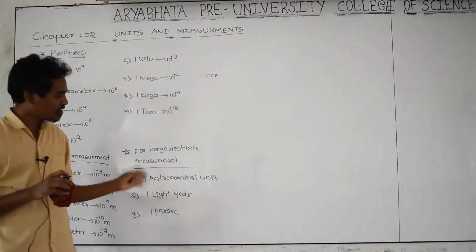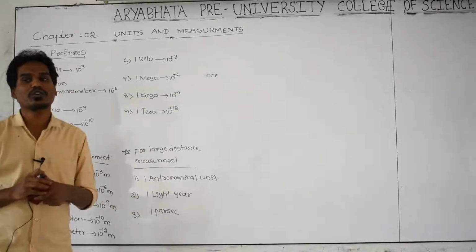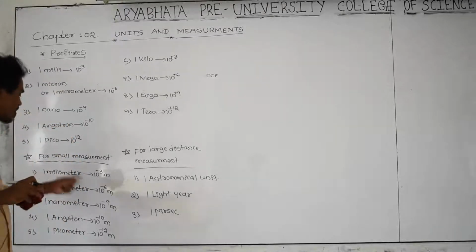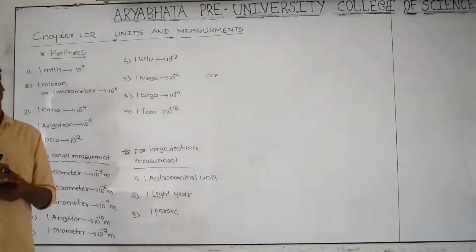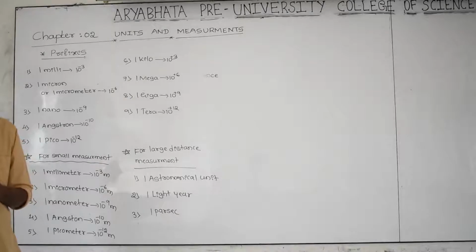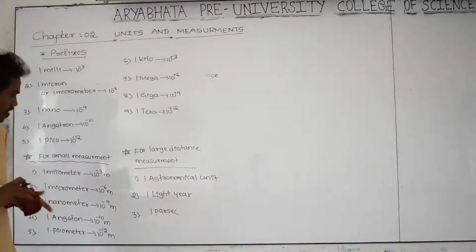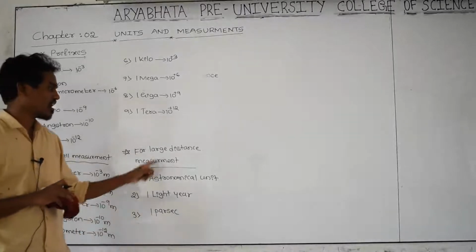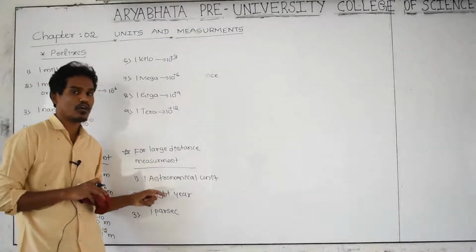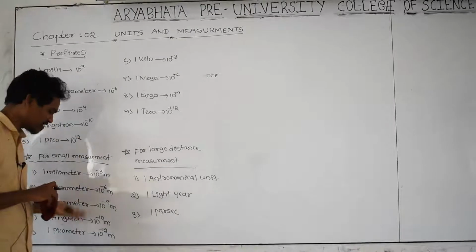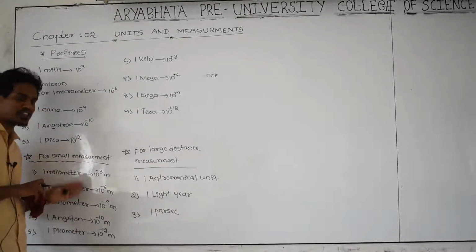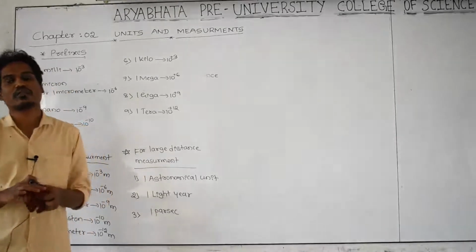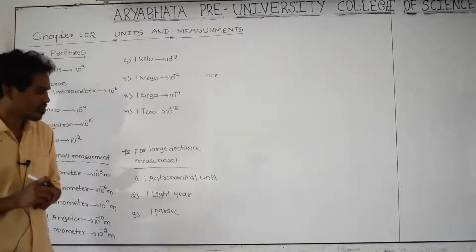These are all the units we are going to use for the measurement of very large distance, and those earlier are the practical units for very small distance. This is just on the basis of prefixes, but these are the units for very large distance.